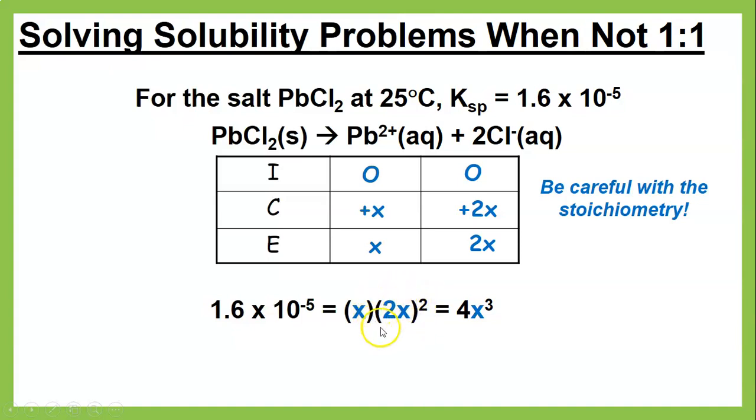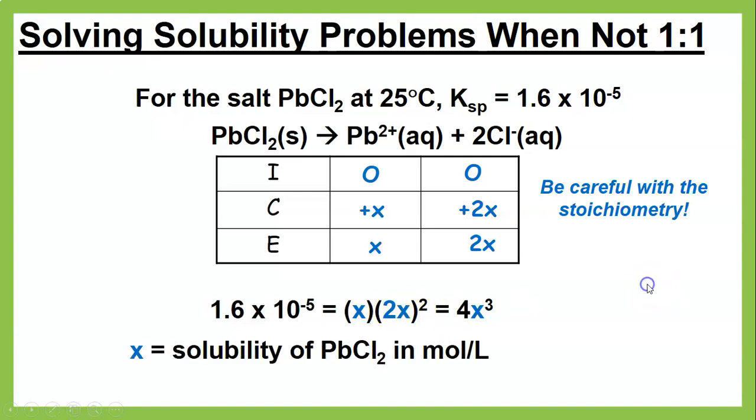And remember, we square the concentration. So that's where the 4 is coming from. I've just seen repeatedly that this is the kind of one they love because this problem's not too difficult. But if you forget to square the 2, then you're going to get it wrong. So this is how much lead chloride we can dissolve in a liter.